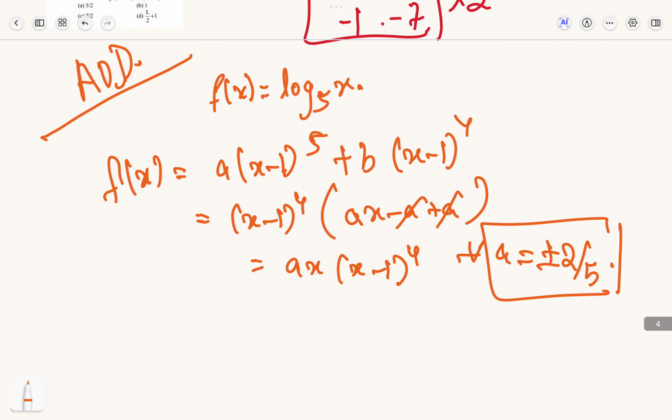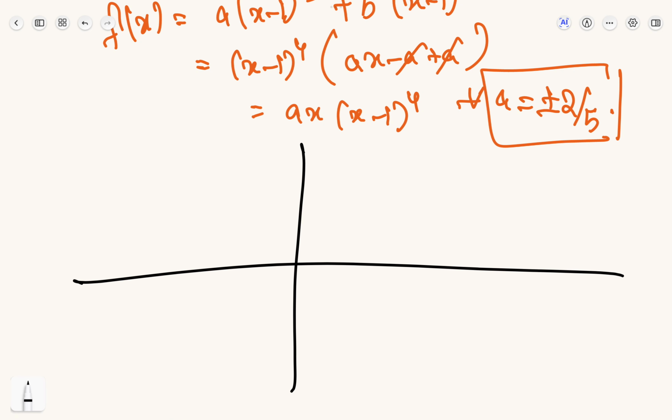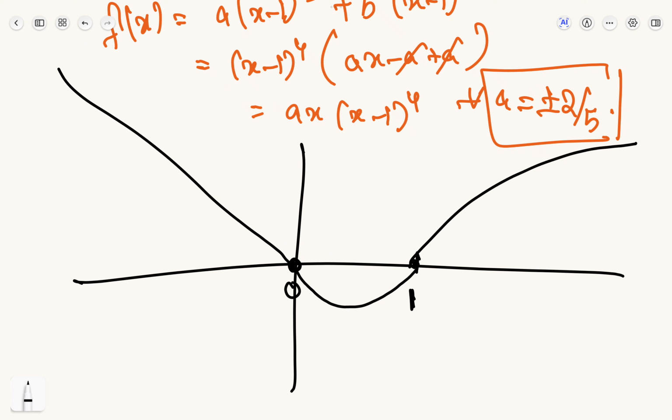So I have two values of a for this question, and if I draw the graph for this, I would have 0 and I would have 1. Now for numbers greater than 1, this is going to tend to infinity, and for x between 0 and 1, it's going to reach a point and then it would go to negative infinity.